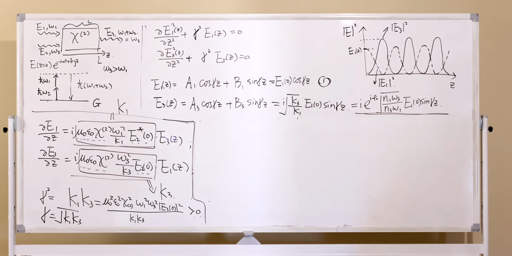Then eventually what you will get is i delta phi, the phase difference between the two waves. So that's why in optical systems, and also in electrical systems, the absolute phase doesn't matter, but the relative phase is something observable and cannot be arbitrarily set.